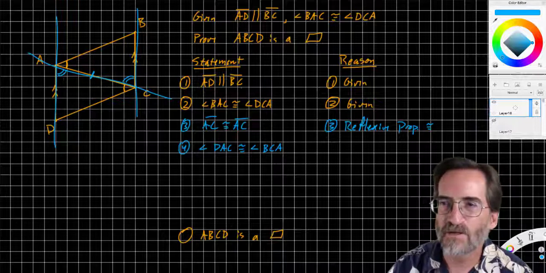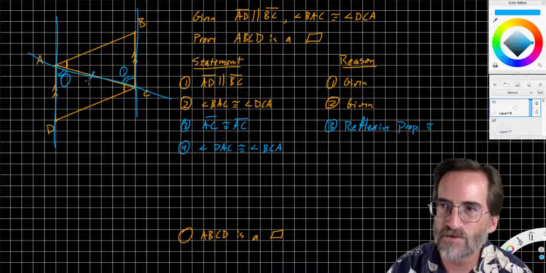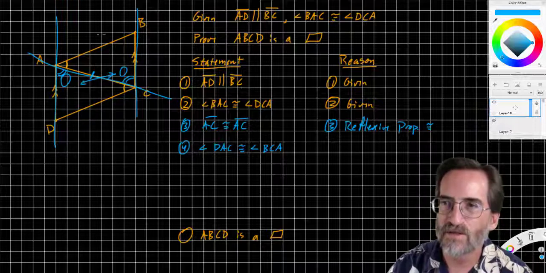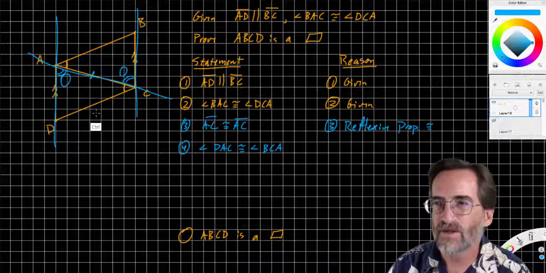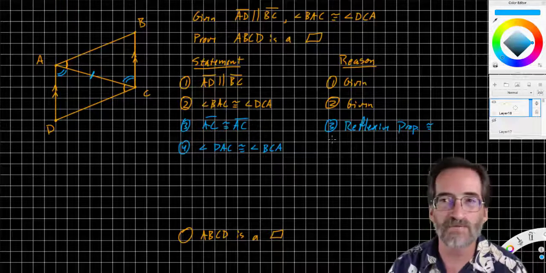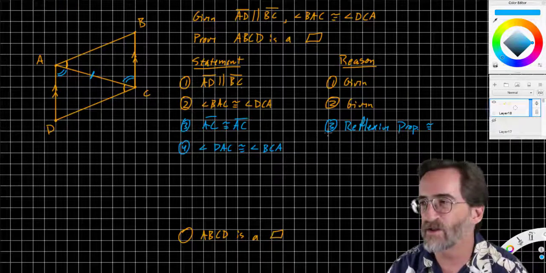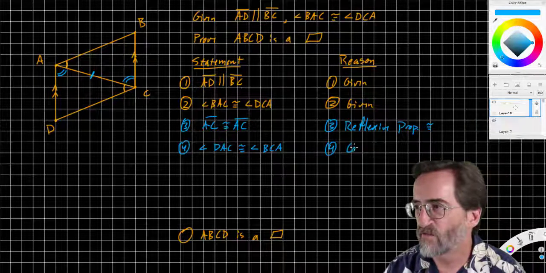And since they're parallels crossed by a transversal, alternate interior angles are congruent, and these are alternate interior angles. They're inside, and they're on opposite sides of the transversal. Okay? So alternate interior angle theorem, and that's the converse of the alternate interior angle theorem, which says if alternate interior angles are congruent, then the lines must be parallel. So 4, the converse of the alternate interior angle theorem.